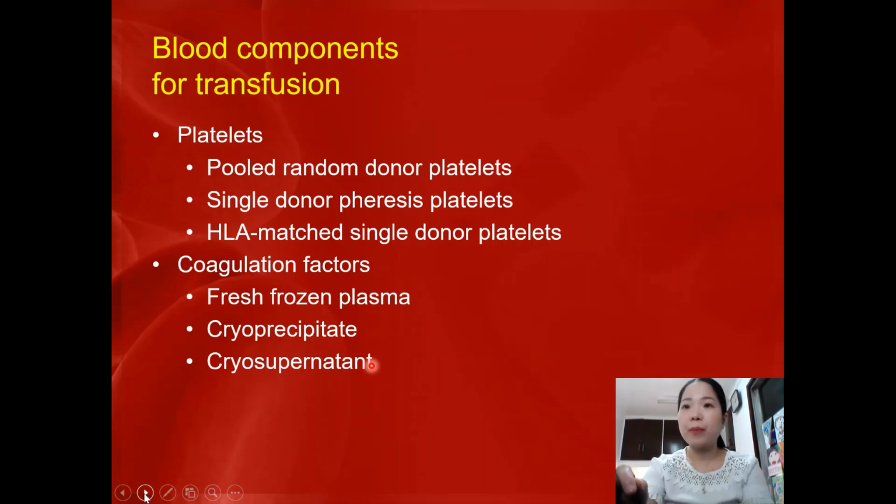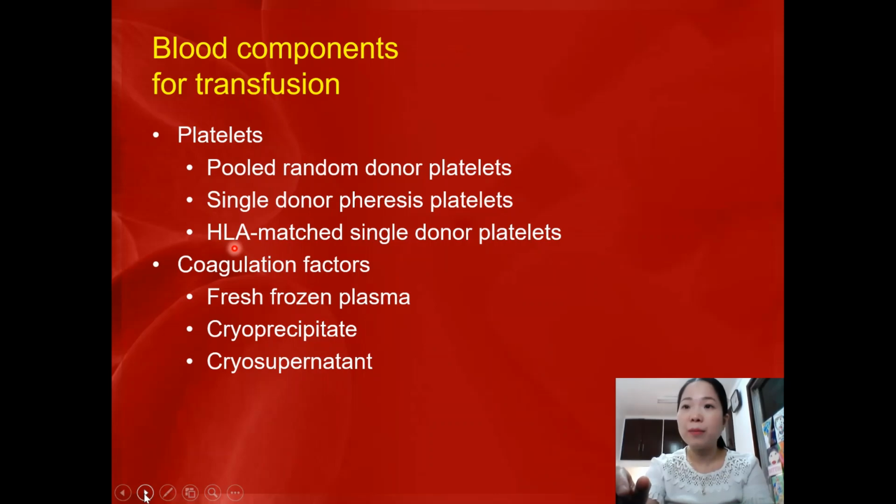Aside from packed red blood cells, platelets are indicated to be given in patients who are thrombocytopenic and also bleeding. So you can give random donor platelets or the single donor apheresis platelet. Now, HLA matched single donor platelets are not readily available in our country.